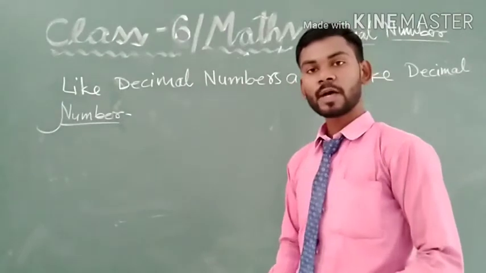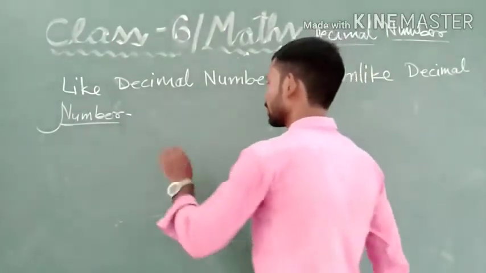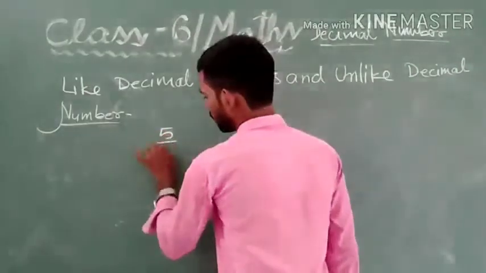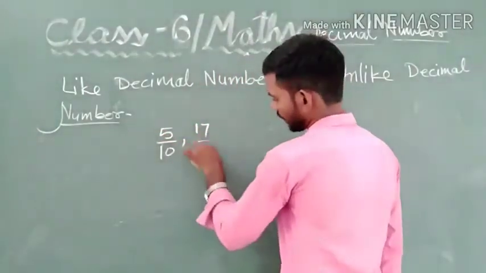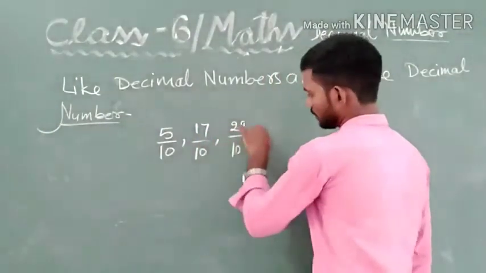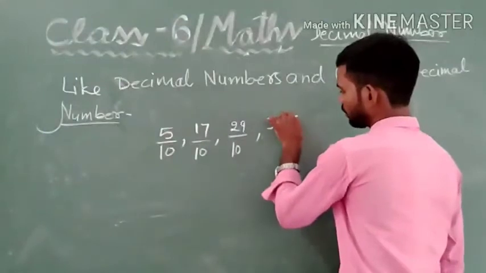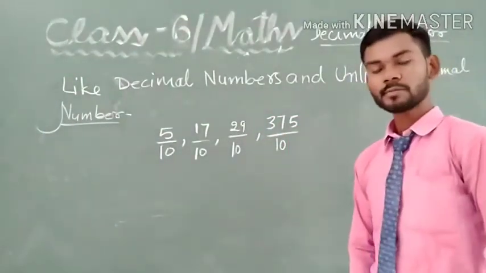So if I write some examples here, see carefully. If I write 5 upon 10, 17 upon 10, 29 upon 10, 375 upon 10. Okay.